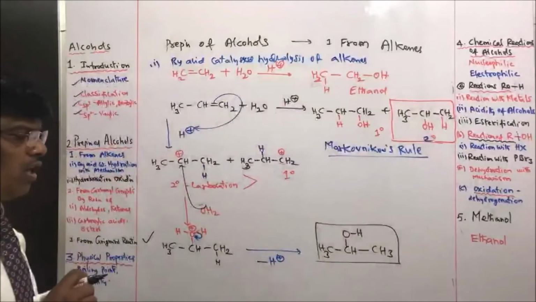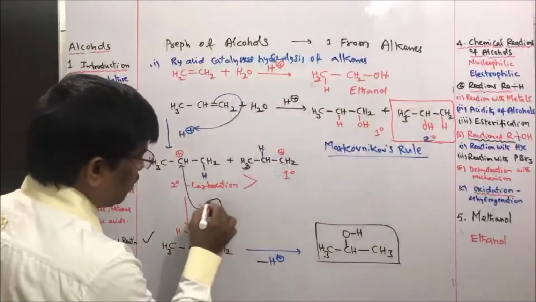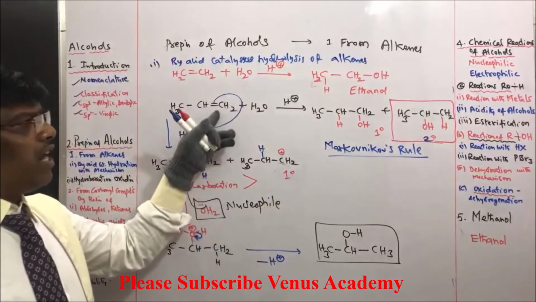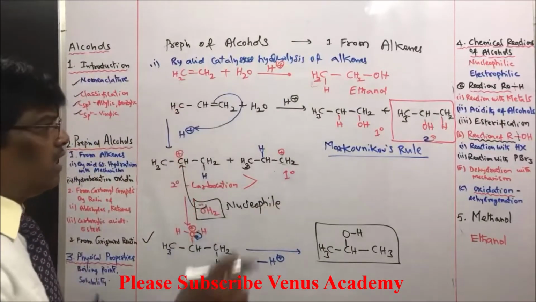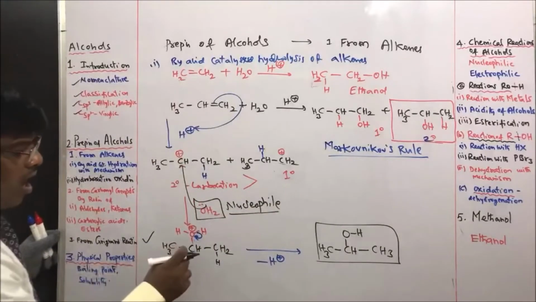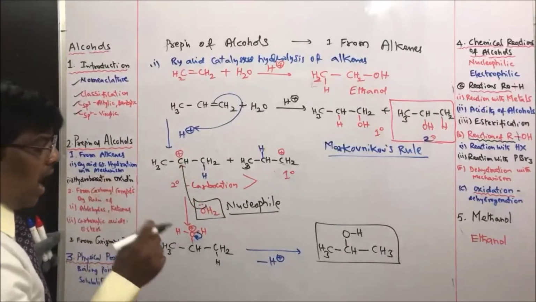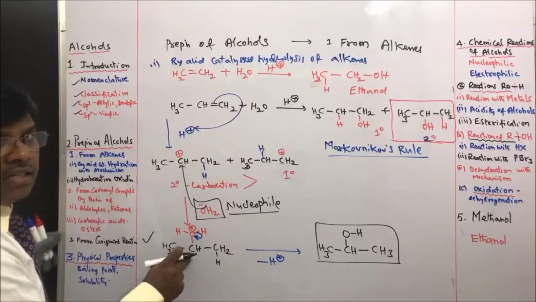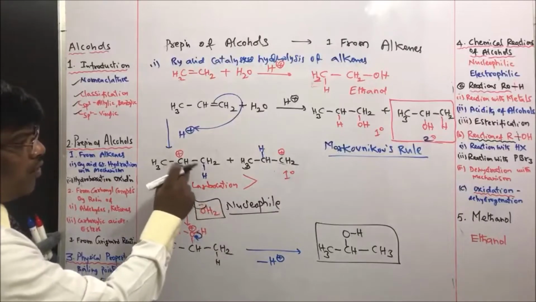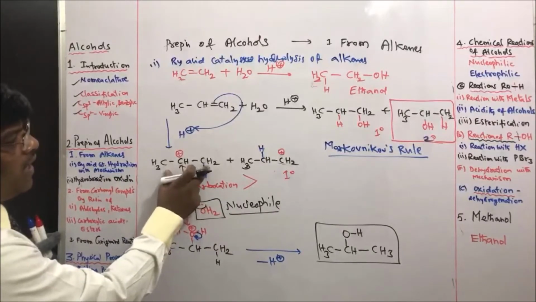As per Markovnikov's rule, it says that during the electrophilic addition to an alkene, the incoming nucleophile adds to the carbon which is highly substituted with carbons.